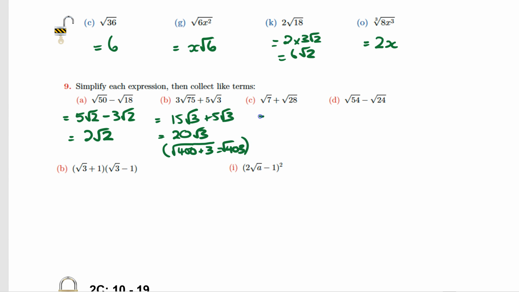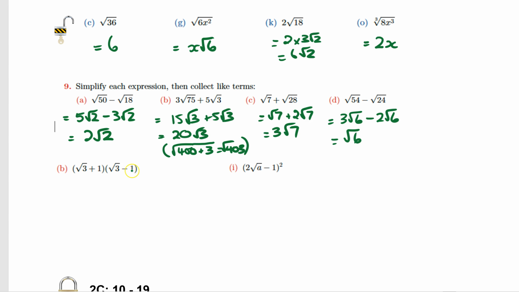Okay, root 7 plus root 28 is root 7 plus 2 root 7s. As I said, you might need to check these a bit more carefully, but I'm just racing through them. Root 54, so what have we got that goes into that? 9, so this is 3 root 6 minus 2 root 6, so that's just root 6.